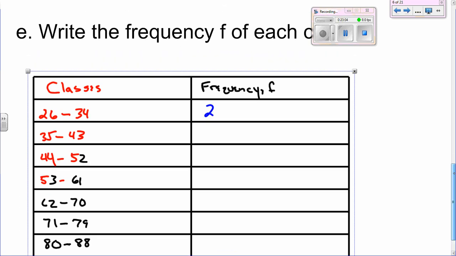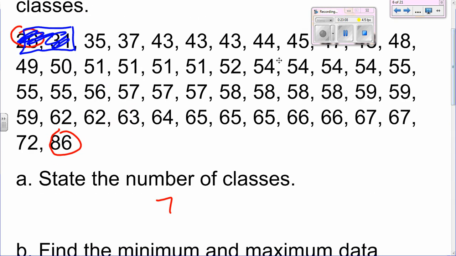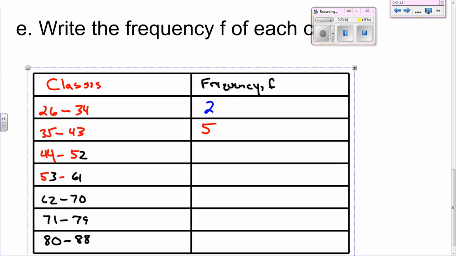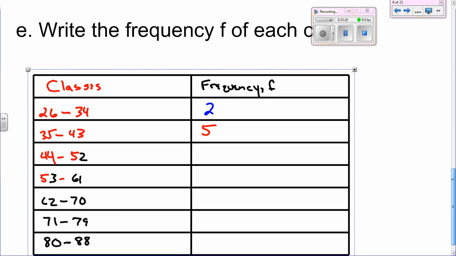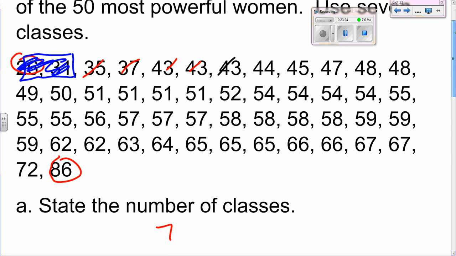Then from 35 to 43: 1, 2, 3, 4, 5. 44 to 52: 1, 2, 3, 4, 5, 6, 7, 8, 9, 10, 11, 12.